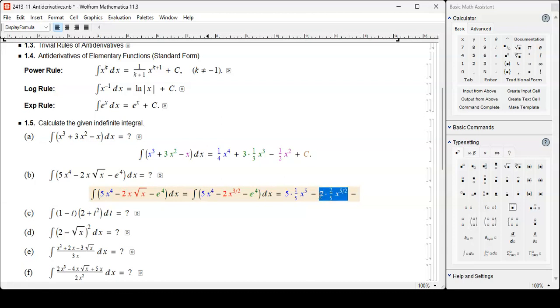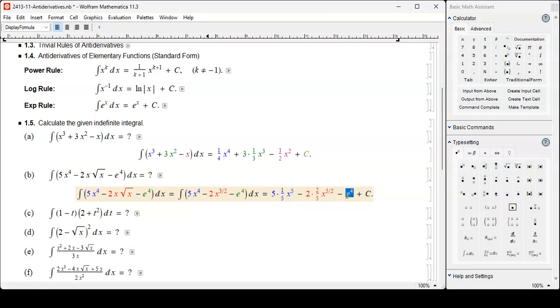The second term, red. Make sense? 2 was there before, add 1 to the power, and divide. Dividing, so I took the reciprocal. Finally, the exponential stays the same. And then plus c. All good?